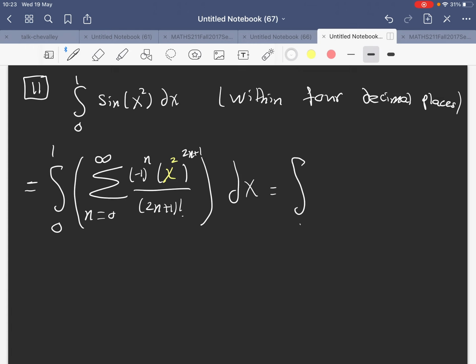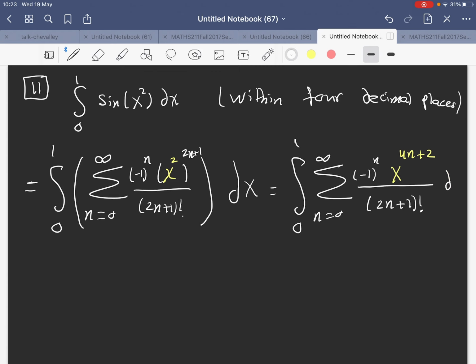So this is integral from 0 to 1, summation from n=0 to infinity, (-1)^n, and then here we have x to the power of 4n plus 2 divided by (2n plus 1) factorial dx.